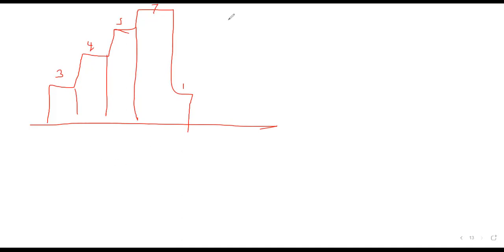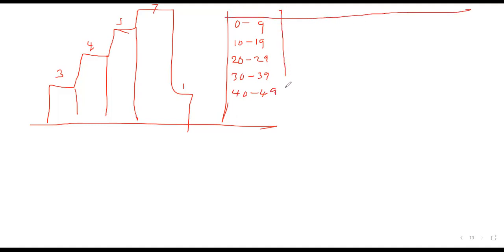So 0 to 9, 10 to 19, 20 to 29, 30 to 39, 40 to 49. So this is a class.